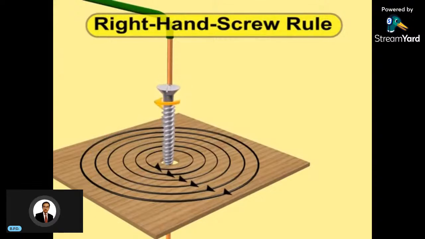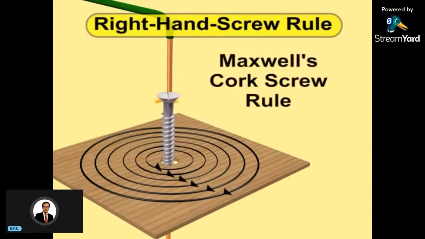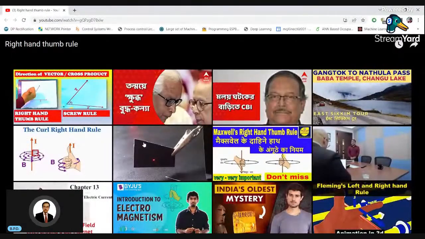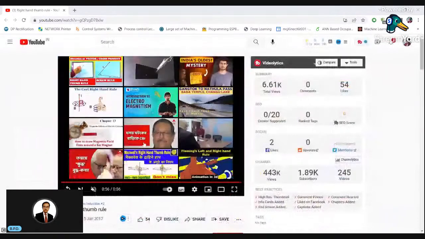Okay, so look at this. This yellow arrow is pointing towards the direction of the generated magnetic field. So it is also famously known as Maxwell's corkscrew rule. Okay, Maxwell's corkscrew rule, right?